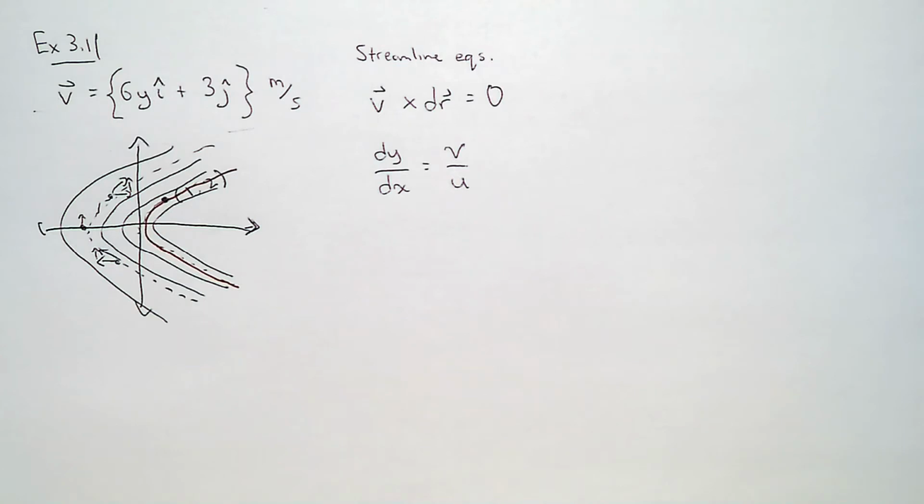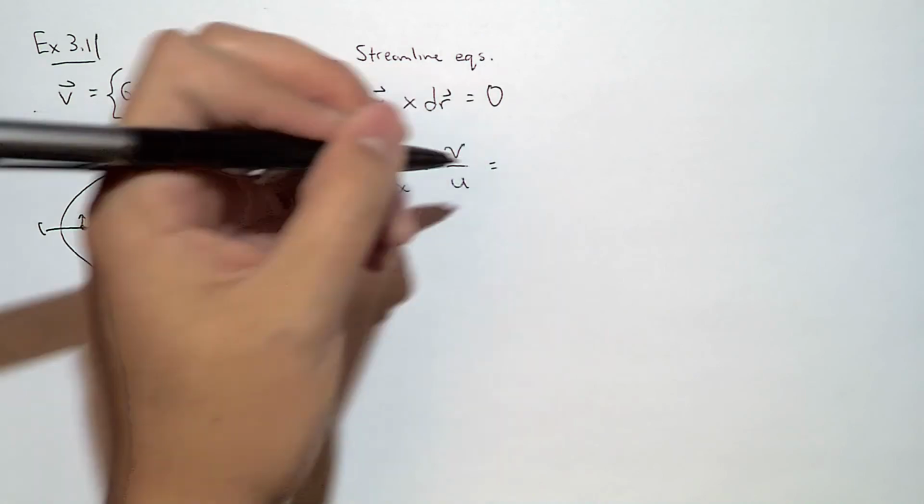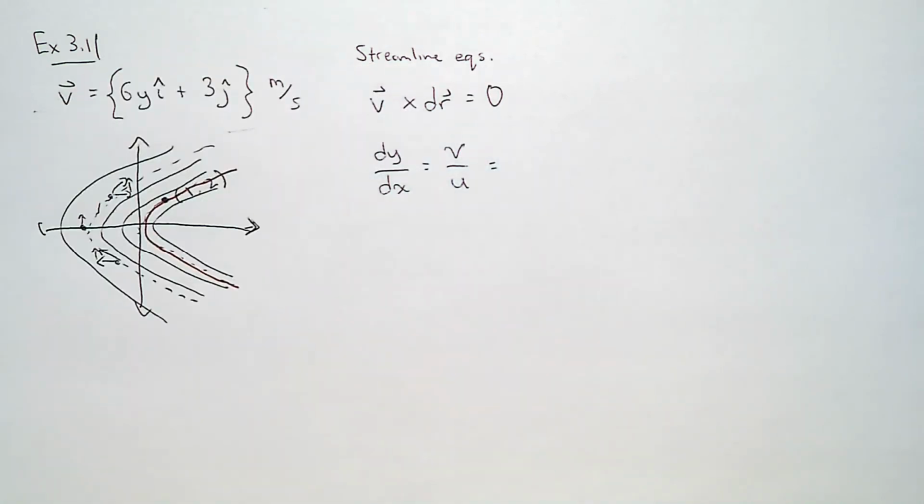Okay? So we have dy over dx. That is simply a differential change in the y direction over a differential change in the x direction. We have v, and remember when we're looking at our velocity vector, our components in the x, y, and z direction are called u, v, and w. So in this case, what's v? The y component, right? And what's the y component? 3. Good.